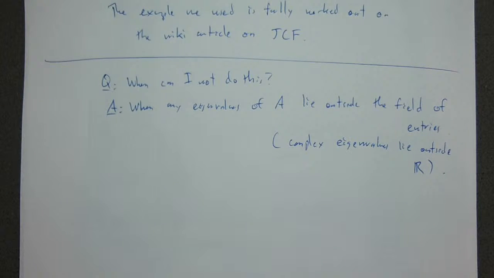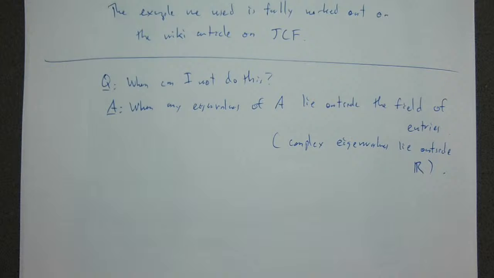So complex eigenvalues lie outside R, and here again, complex eigenvalues kind of infuriate us, because not only can we not diagonalize them, we can't even technically put them in Jordan canonical form. The reason is that Jordan canonical form wants to stay in the same field that the entries of A are in.